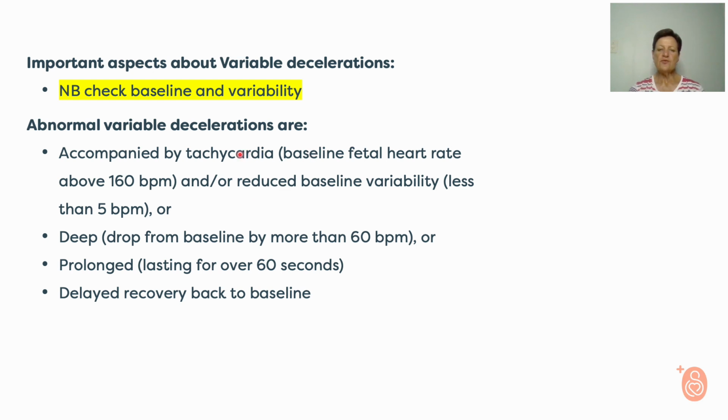So we have an abnormal heart rate as well as an abnormal variability, or it drops more than 60 beats per minute, or it lasts longer than 60 seconds. So here is our 60-60 rule, where it's worse than the normal, and or when there's delayed recovery back to the baseline, we know that these variable decelerations are not normal anymore.